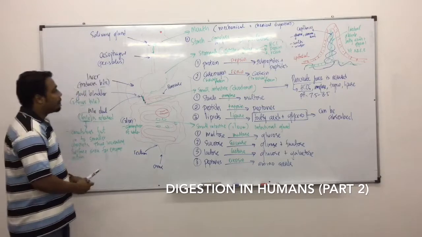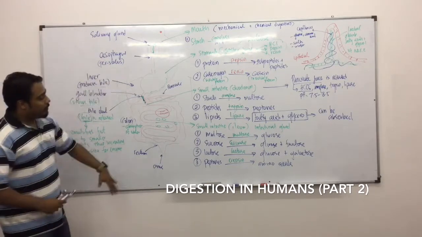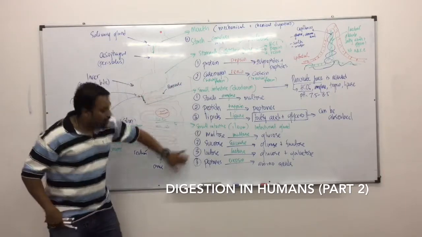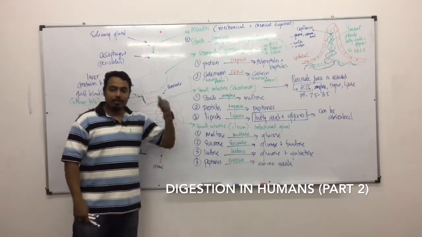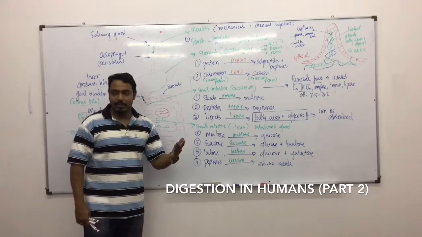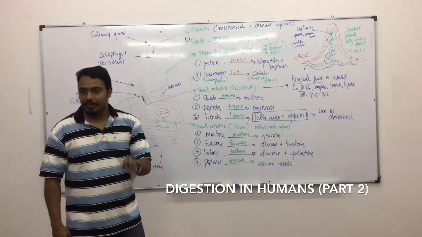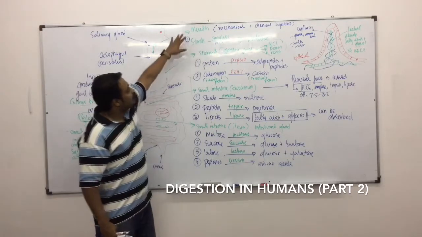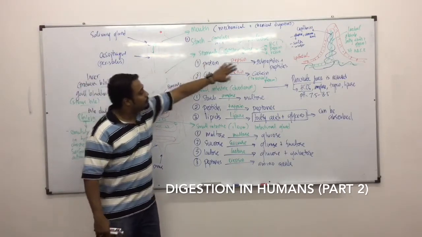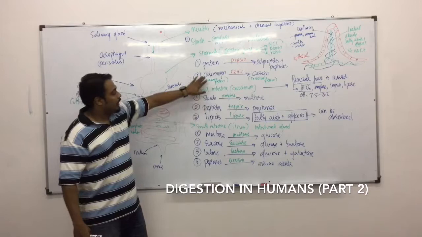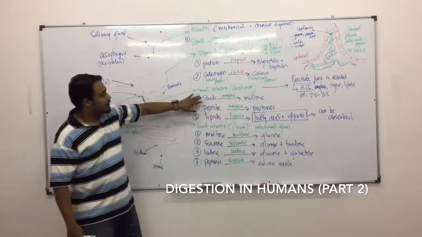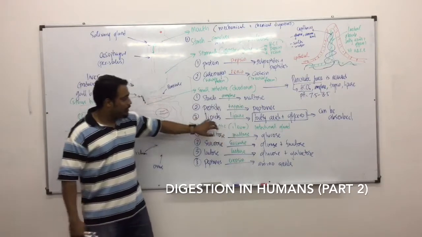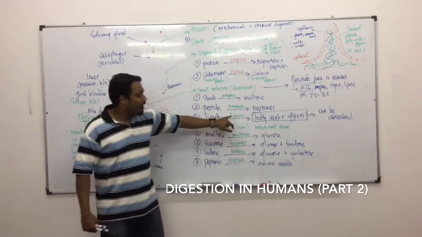Okay? So repeat back quickly. I need you to realize something. 1, 2, 3, 4. 1 in the mouth, 2 in the stomach, 3 in the duodenum, 4 in the ileum. That's the way all of it is. So we have amylase that converts starch to maltose, protein to peptides by pepsin, caseinogen to casein by renin, and then starch to maltose again by amylase, peptides to peptones by trypsin, lipids to fatty acid and glycerol by lipase.